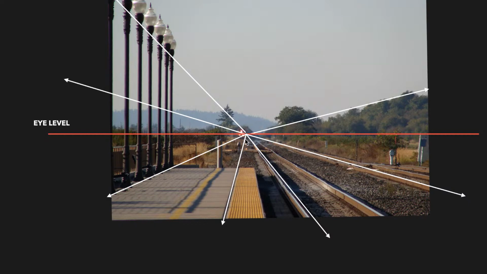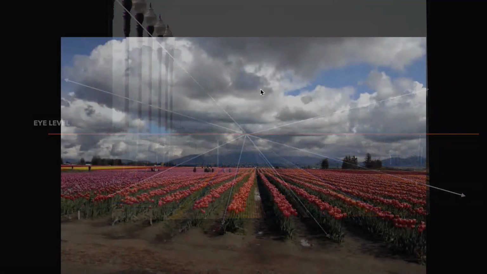All the lines, every single line we're seeing, even the line of the tops of the trees, even though this tree is a taller tree, the basic general growth of the trees still falls into that general idea of converging at eye level.